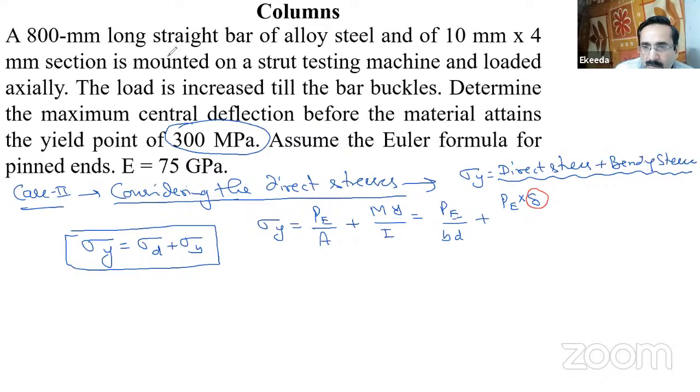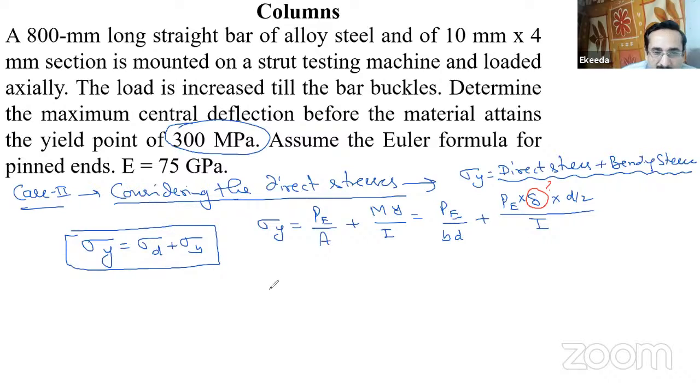This is unknown to us, right? So P into delta multiplied by y, which is D by 2, divided by I, moment of inertia about x-axis. So from here we have to find out the delta, right?